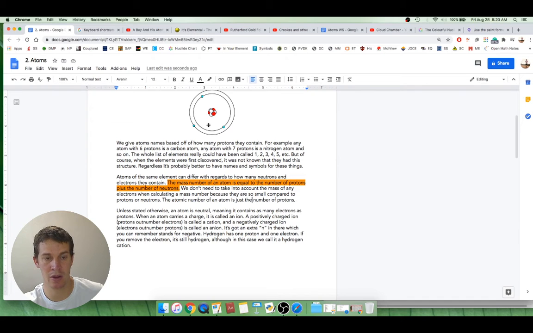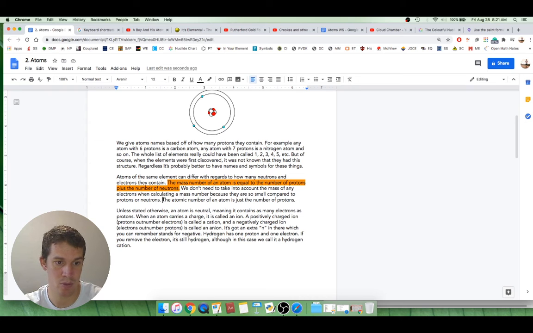This one would have a mass number of 7 because we said it had 3 protons and 4 neutrons. When we calculate the mass of an atom, we don't count the electrons because they're so small that it really doesn't make much of a difference. So the mass number is just the number of protons and neutrons.